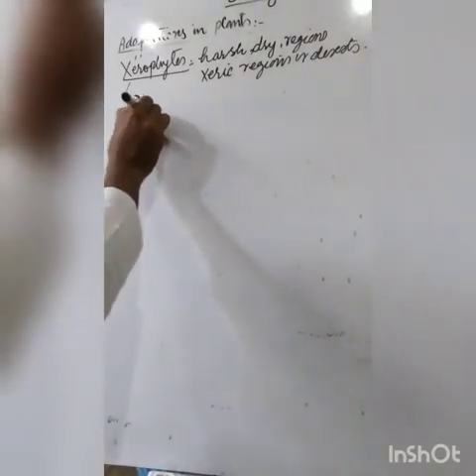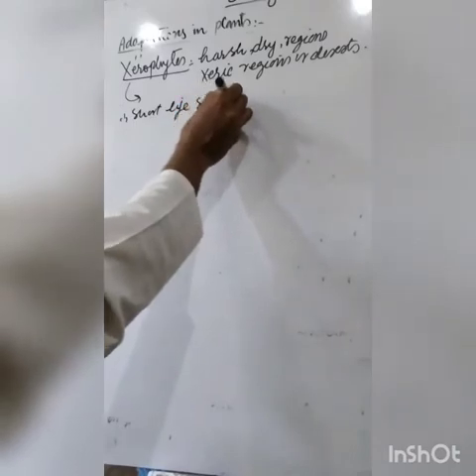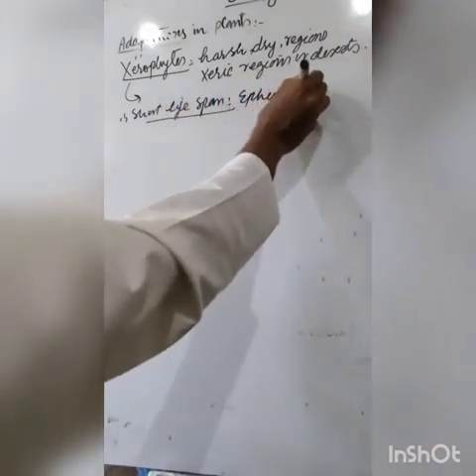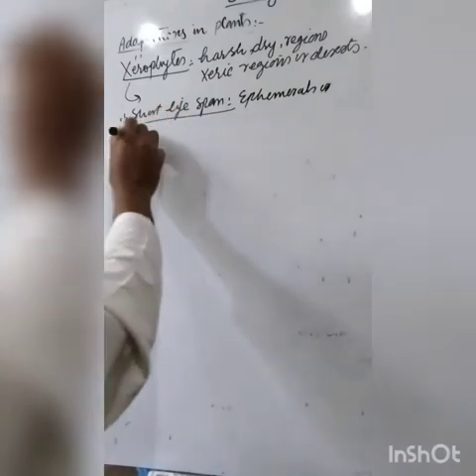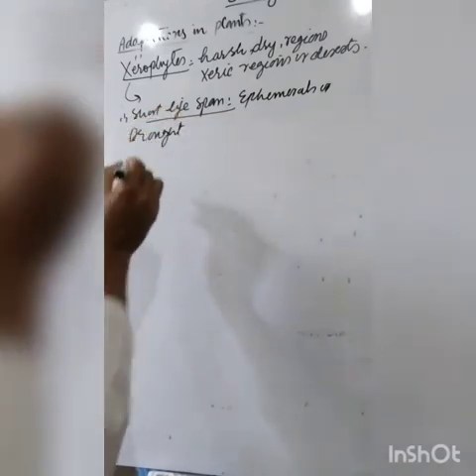They usually have a short lifespan. They are also called ephemerals, or drought escapers.